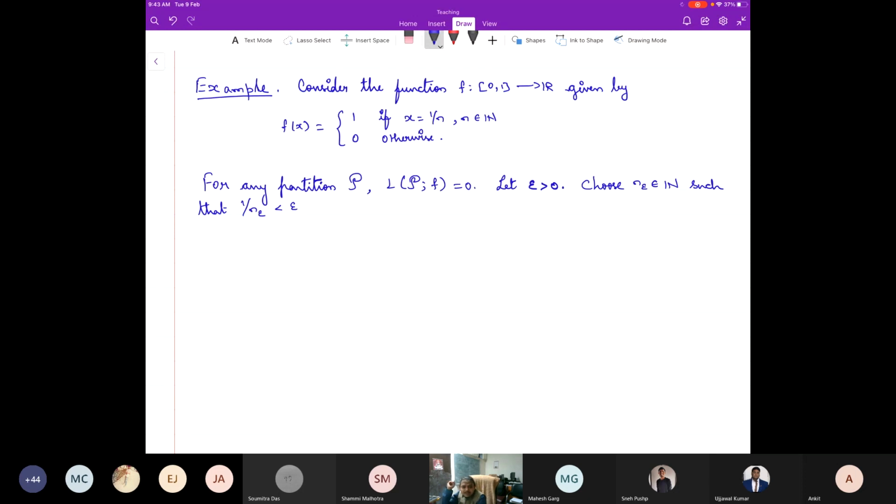How do you know that such an n_epsilon, such a natural number, exists? By the Archimedean property.